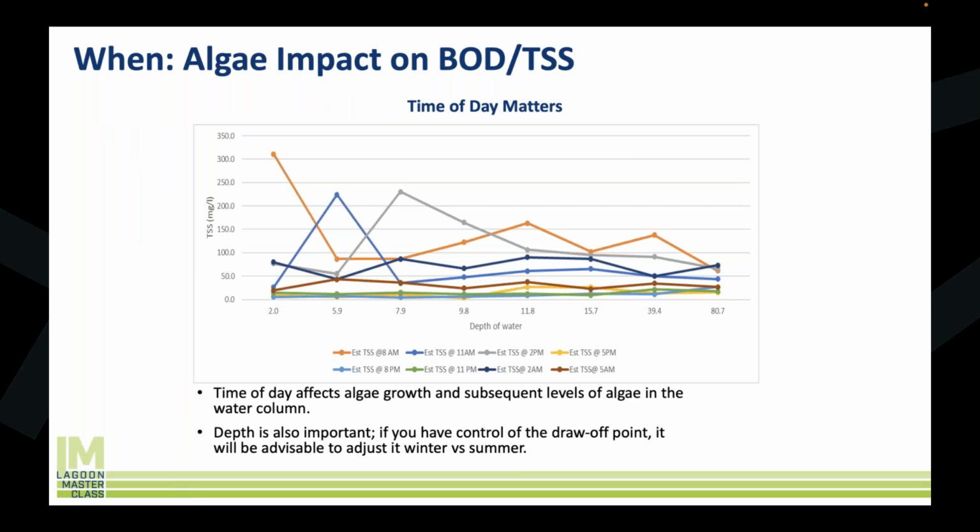But if you're pulling grab samples, you should be pulling that water for your grab sample from the deepest possible location at either 7 a.m. or 5 p.m., the beginning of the day or end of the day, when the sun isn't high in the sky, because otherwise you're just going to get a massive impact of algae on that data that you're going to get out of the plant, and it's not going to be super informative as to actually what's going on. Now, if you want to test your algae levels, solar noon is the time to do it. But it will fluctuate at different depths and at different times of the day.